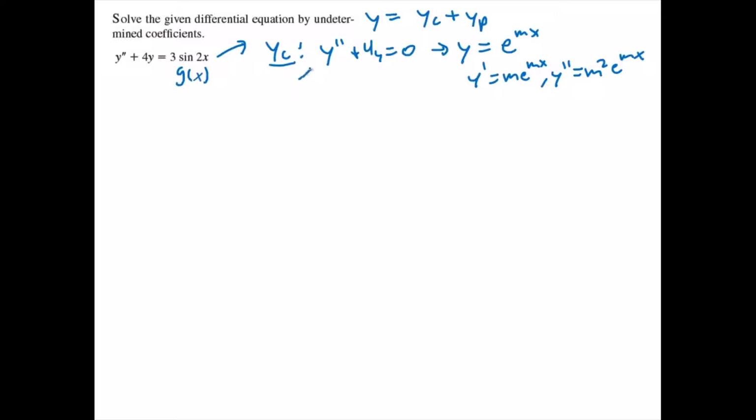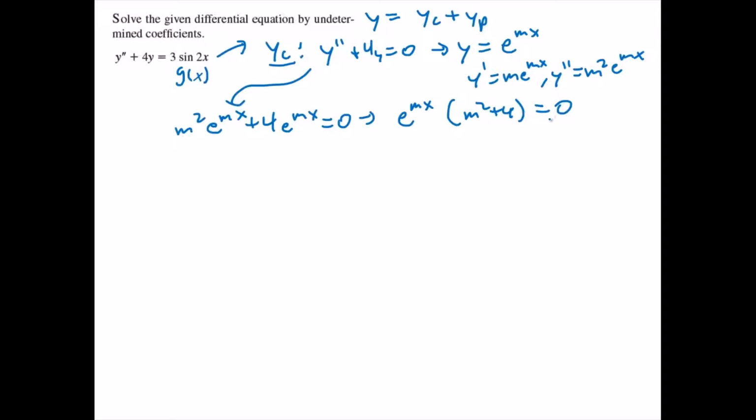Now when we plug those into the equation, we get m squared times e to the mx plus 4 times e to the mx equal to 0. And we can factor out the e to the mx, and the other factor will be m squared plus 4. And that product will be 0.